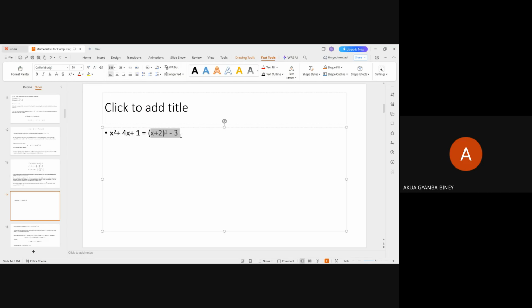If you expand this, you will get this. And then you may be given the expansion rather, to put it in another form. And the other form is this, because these two are identical. So these are identity expressions or equations. So now how do we go from here to here?